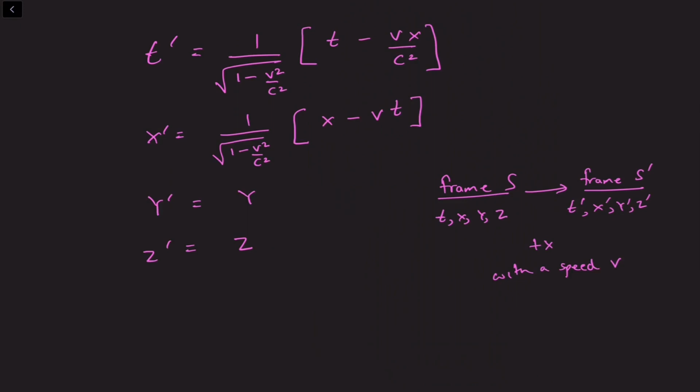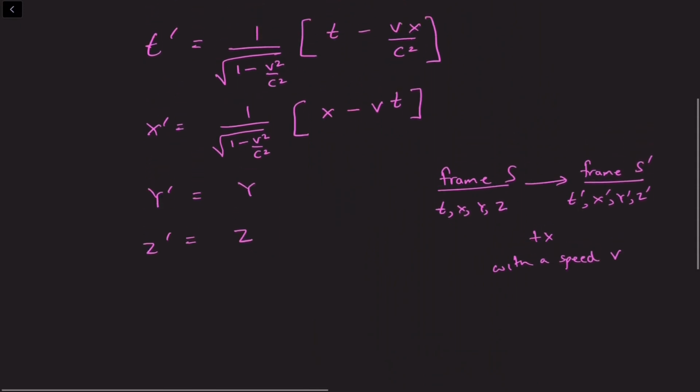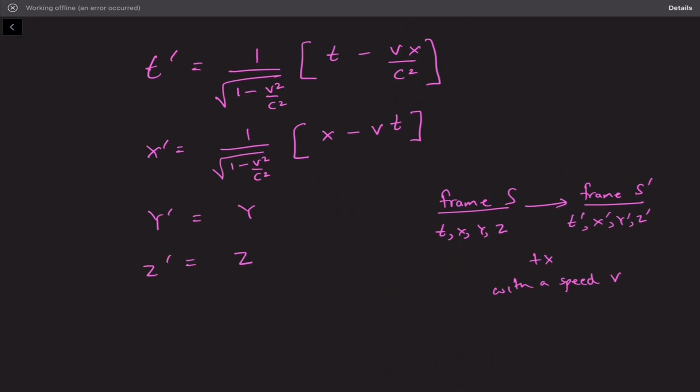Now let's first rewrite these Lorentz transformations in a slightly different way by shuffling some things around. The first thing that we'll do is that instead of using t prime and t, we will use c times t and c times t prime.